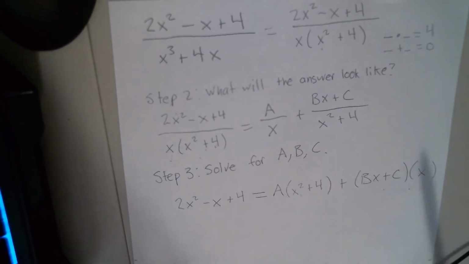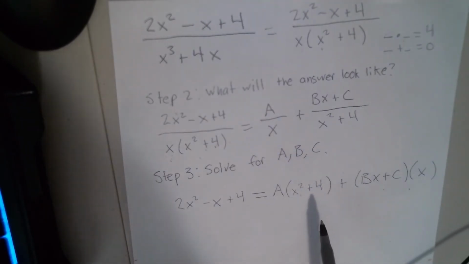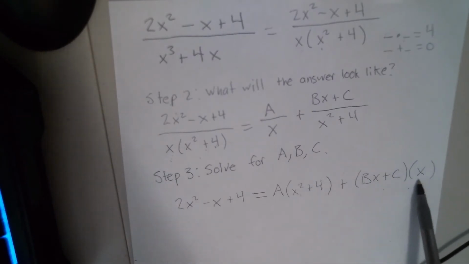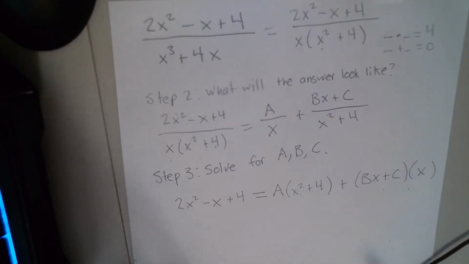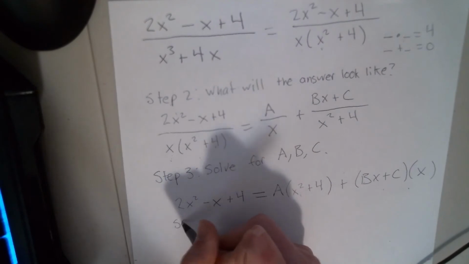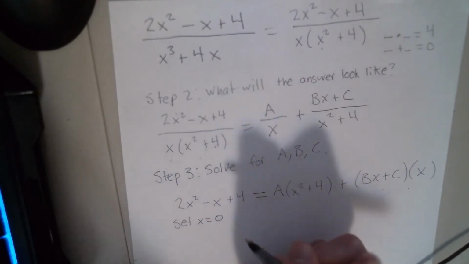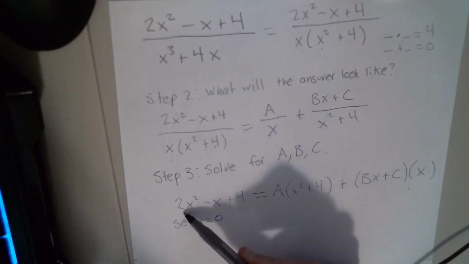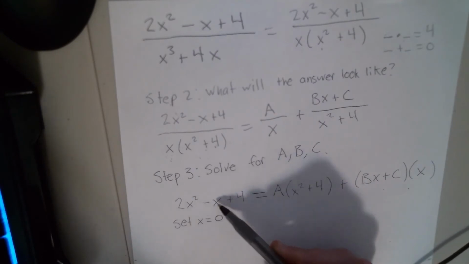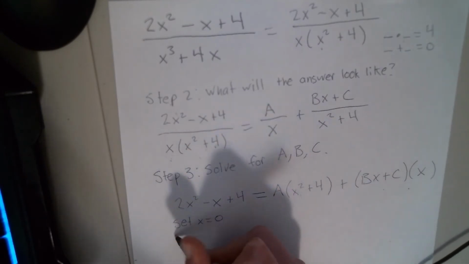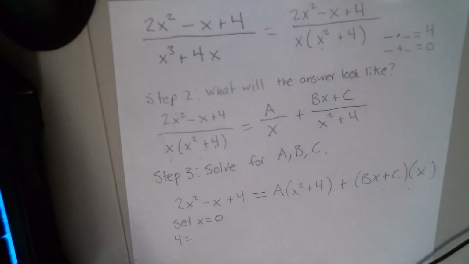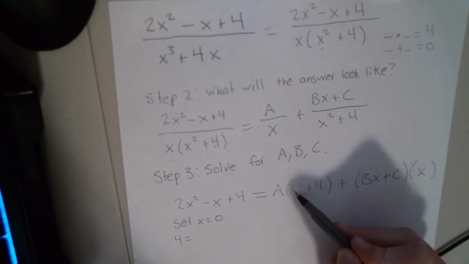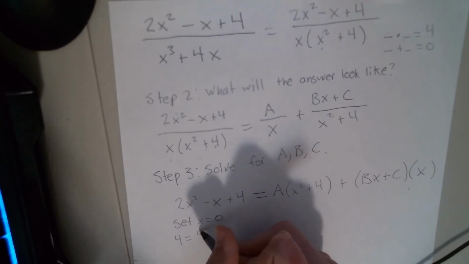This one is actually never 0 with real numbers, so that doesn't really help me. But this is 0 when x is 0. So I'm going to set x equal to 0. When I do that, this goes to 0, this goes to 0, this goes to 4. So we get 4 equals, this is 0 plus 4A, so 4A.